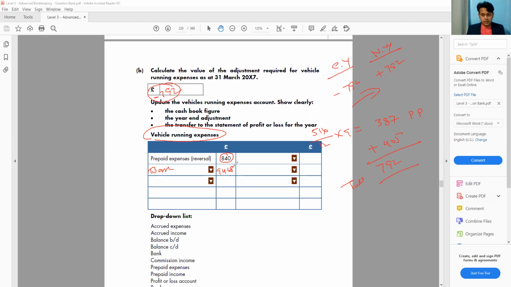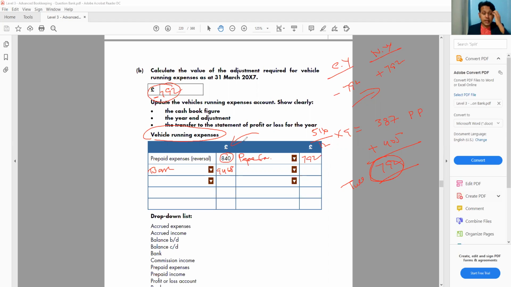Well done. And we have some prepaid expense for this year, that is 792. So I'm going to say prepaid expense 792, because writing on the other side is actually minusing from this side.